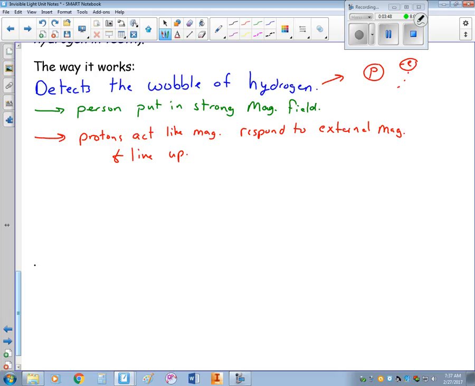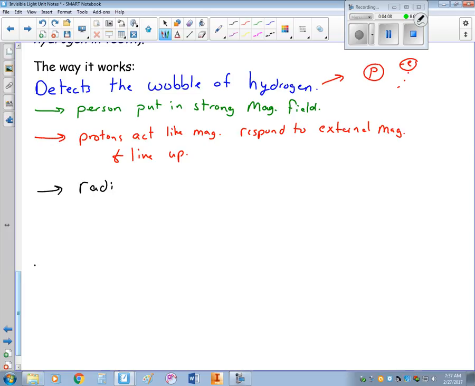A radio transmitter is then used to create a rotating magnetic field, and that causes the protons to wobble. This wobble can then be detected with a second radio receiver. So let's see if I can put that down here.